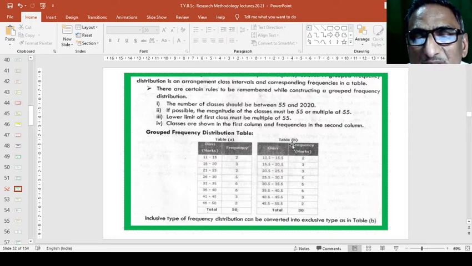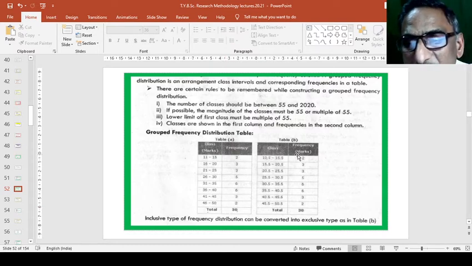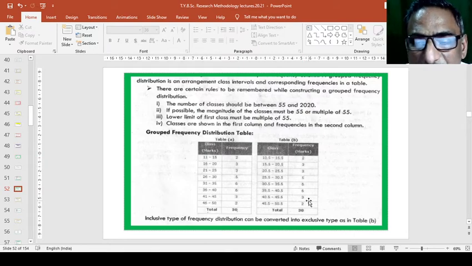Table A, table B. Here classes are about marks and frequencies are the number of students. The grouped frequency distribution table includes 11 to 15 marks, 2 students, 16 to 20 marks, 3 students, and in this way the total is 30 frequencies. Now the same 30 frequencies: 10.5 to 15.5, 2 students, 15.5 to 20.5, 3 students.